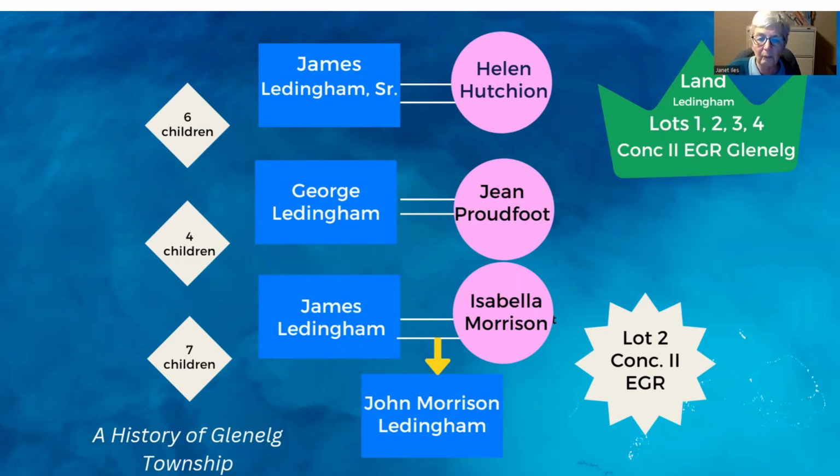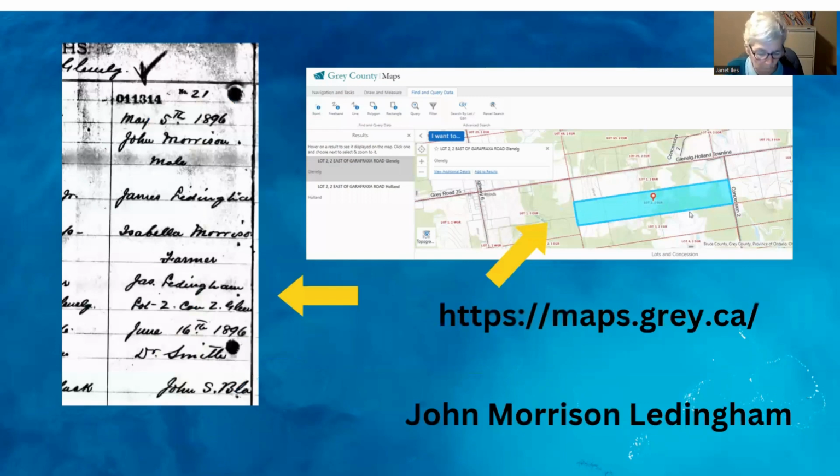Isabella lived on the family farm very close to the Lenninghams, and that's how she met James. John's birth registration gives Lot 2, Concession 2 Glenelg, but doesn't include the east of the Garafraxa Road designation.